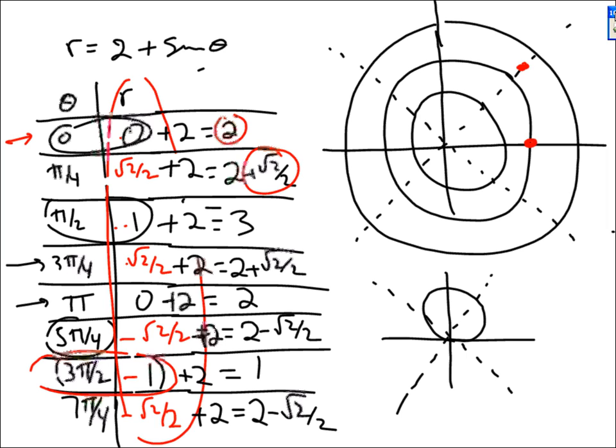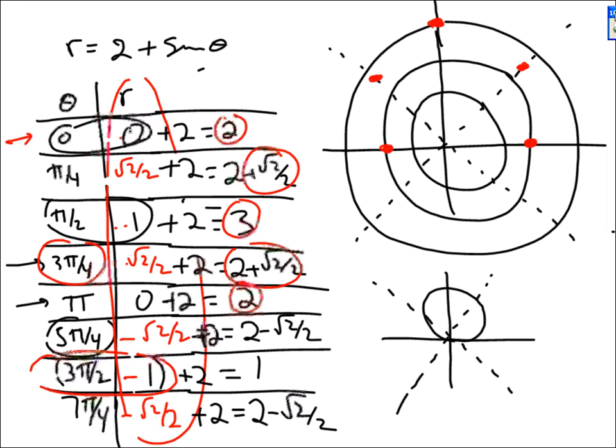And then at pi over 2, I'm way at 3. Okay. And at 3 pi over 4, I'm less than 3. I'm 2 plus that square root of 2 over 2 stuff. And then at pi, I'm exactly at 2.